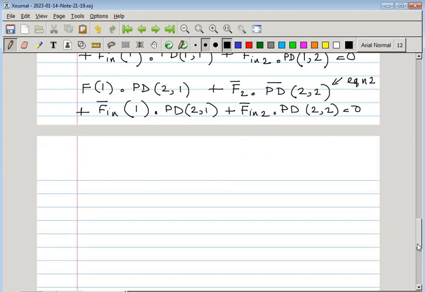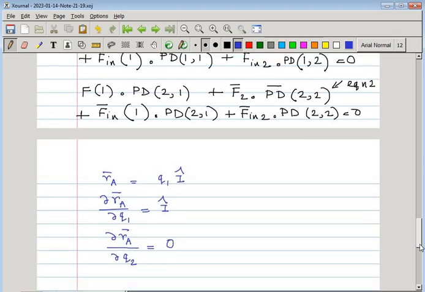So RA is Q1 I. So del RA del Q1 is equal to I, and del RA del Q2 equal to 0, or null vector rather.